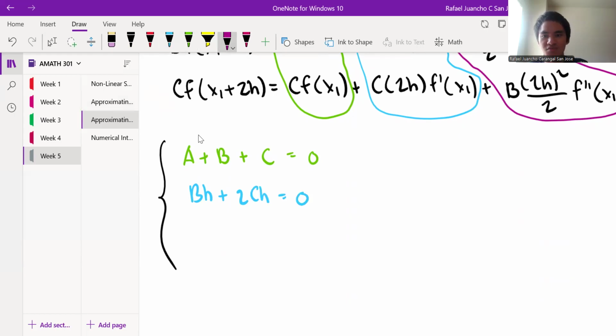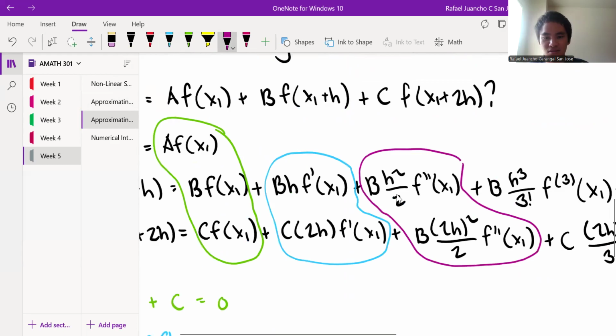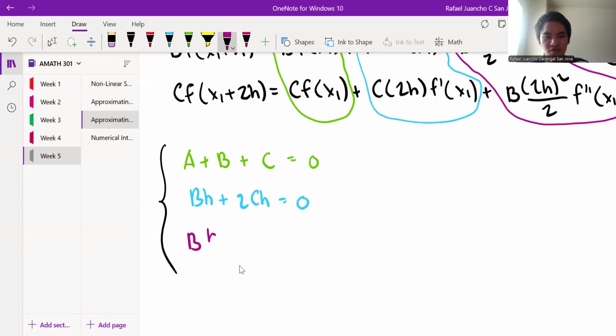And then lastly, this one's a double derivative. So b over 2, bh squared over 2. I add that to c over 2 for h squared. This is equal to 1.